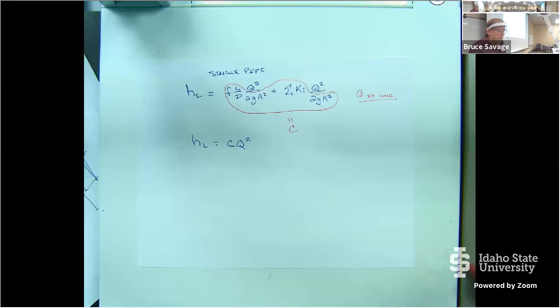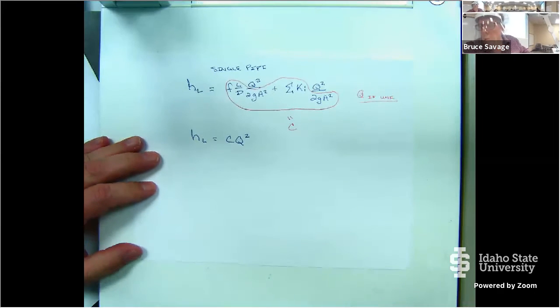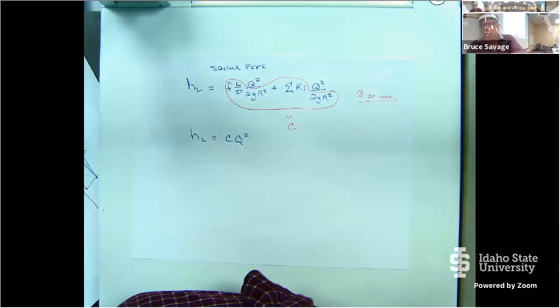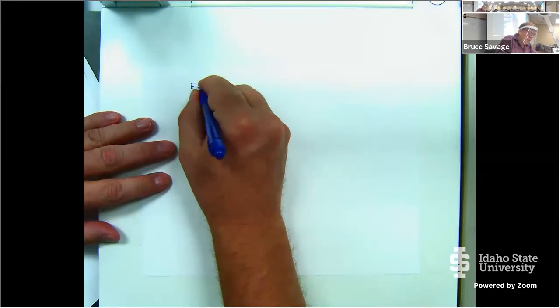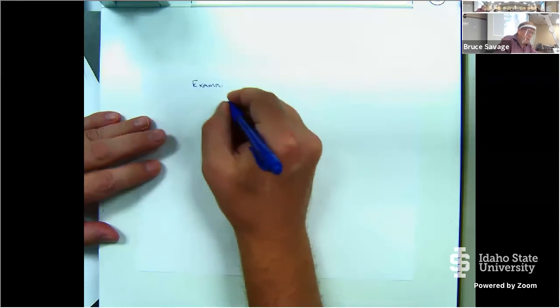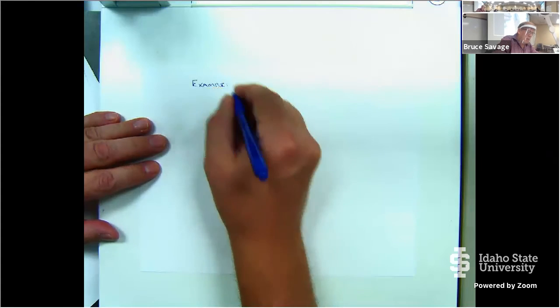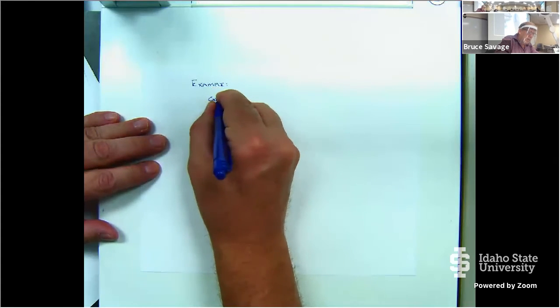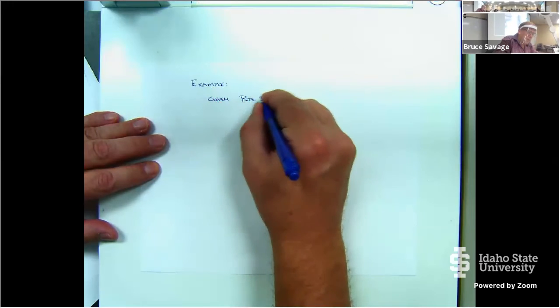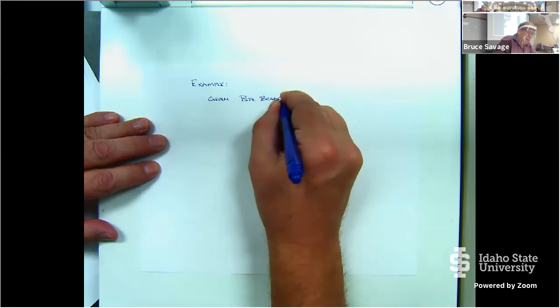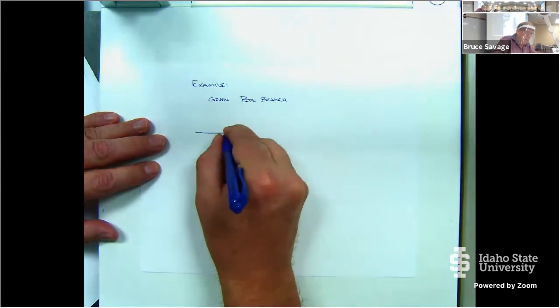Okay, so I'm going to run out of time here. If I was to work an example, okay, so given a pipe network, a pipe branch, and we'll keep life simple.